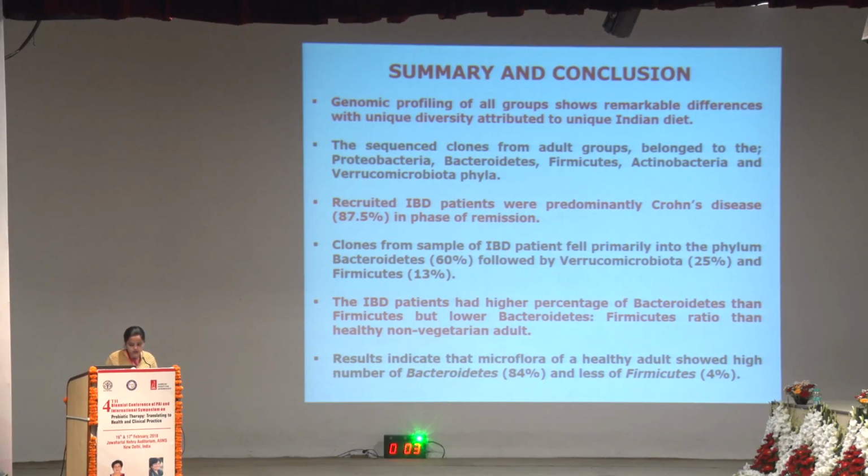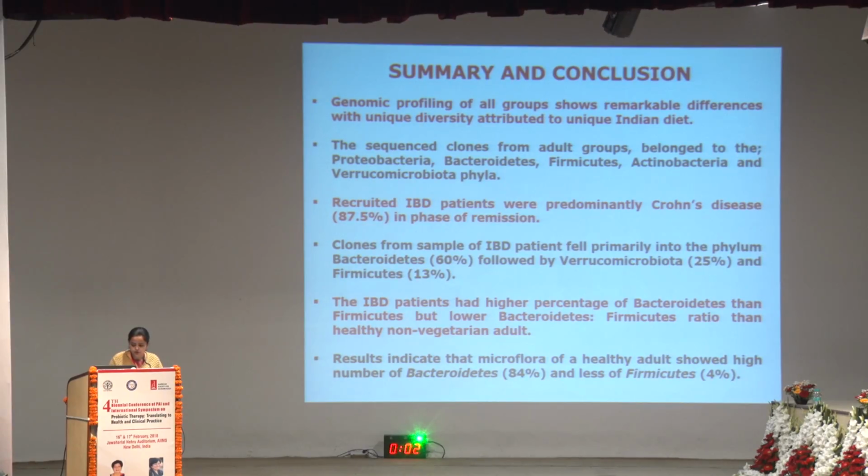Now we come to the summary and conclusion. Genomic profiling of all groups shows remarkable differences, with unique diversity attributed to the Indian diet. The sequences cloned from adult groups belong to the Proteobacteria, Bacteroidetes, Firmicutes, Actinobacteria, and Verrucomicrobia phyla. Recruited IBD patients were majorly from the remission phase.